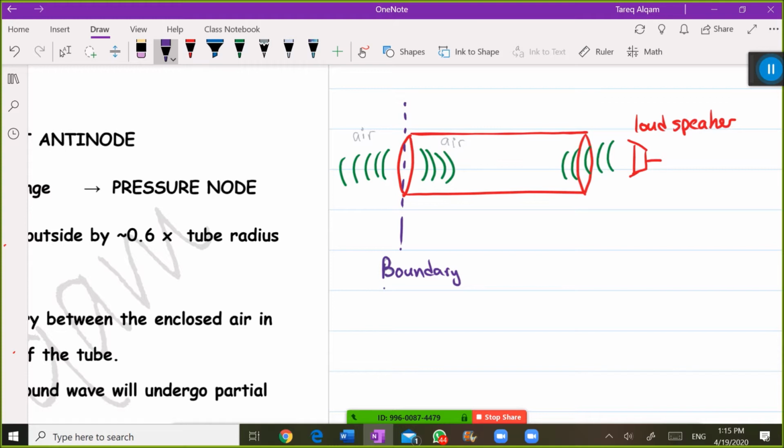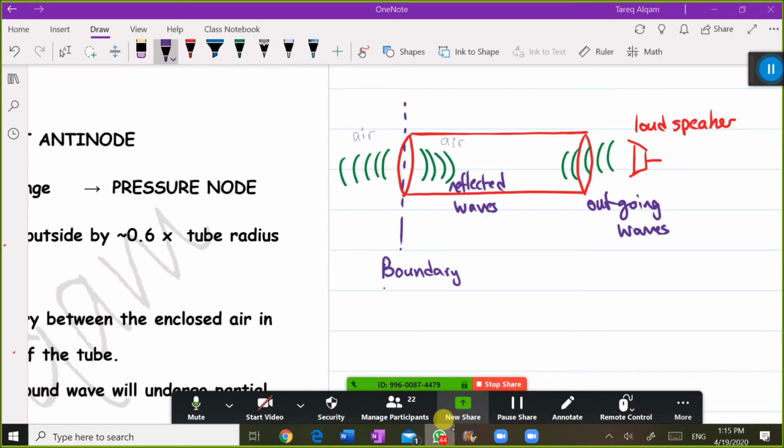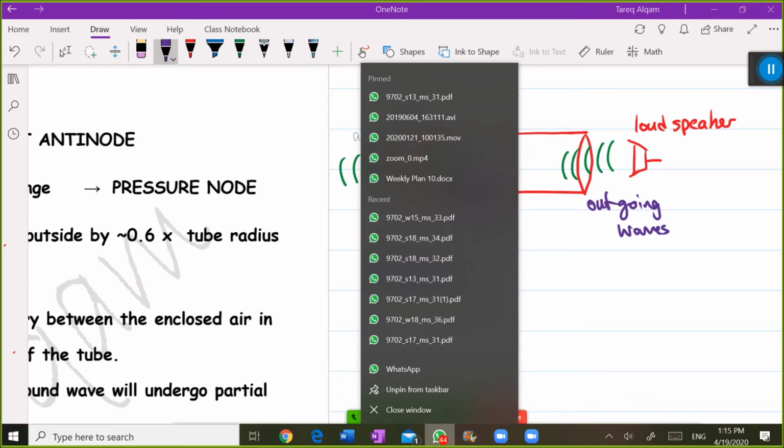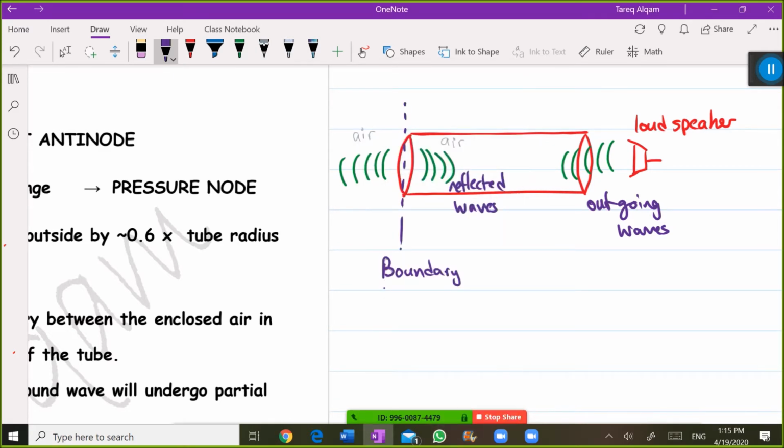Consequently, the reflected waves and outgoing waves again interfere constructively and destructively at certain positions, forming nodes and antinodes, as we mentioned before. So here a standing wave is produced. Again, all the standing waves take place at specific frequencies. These frequencies are called harmonic frequencies.